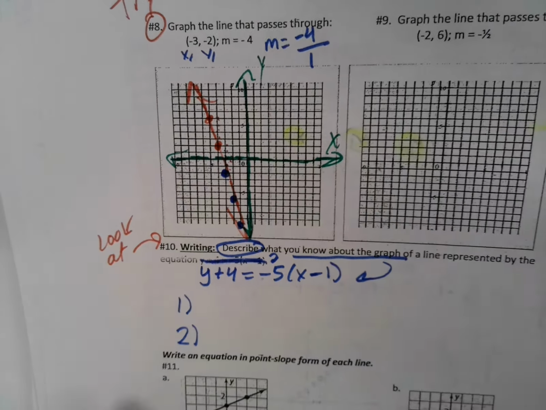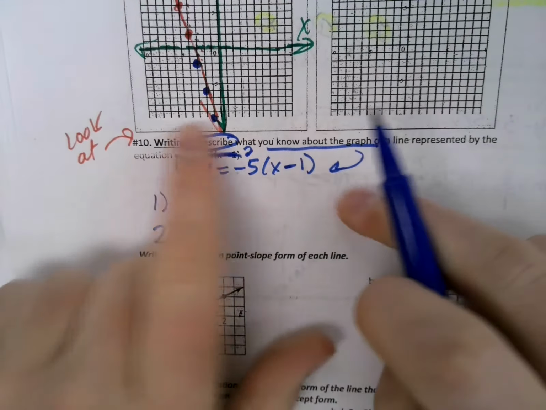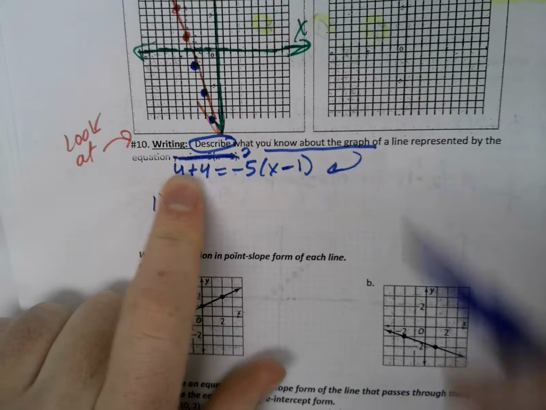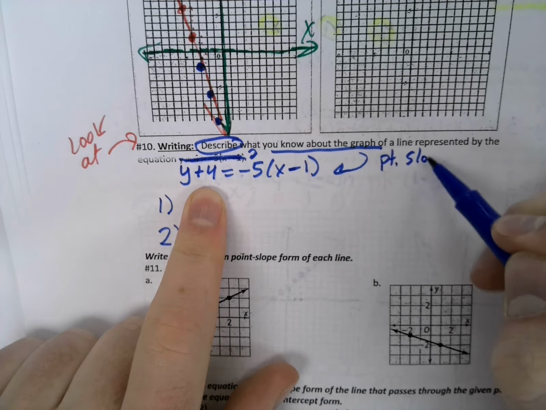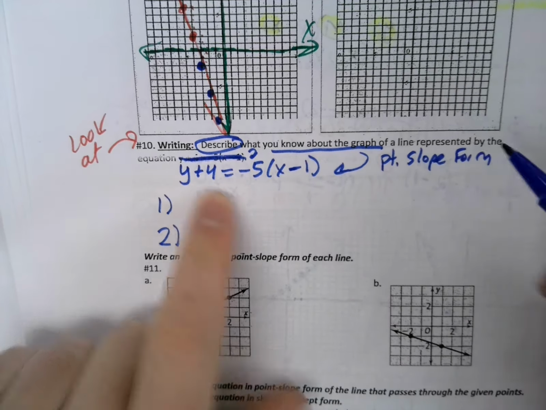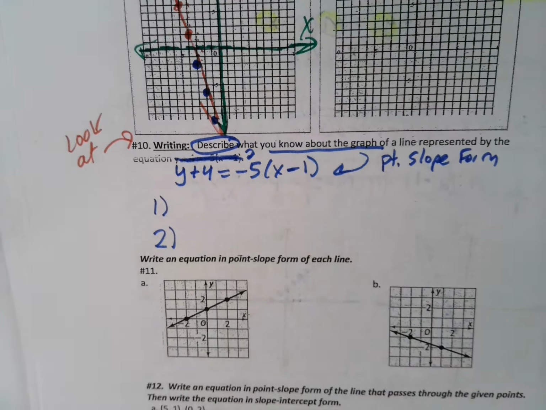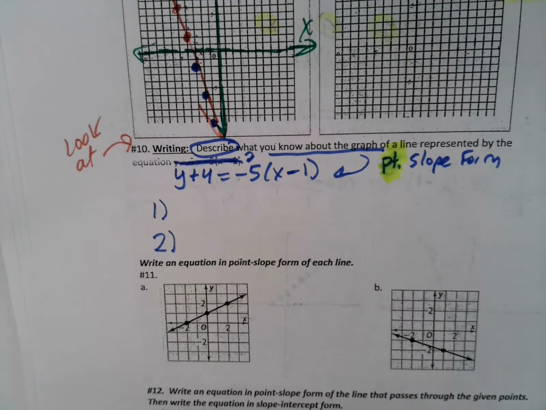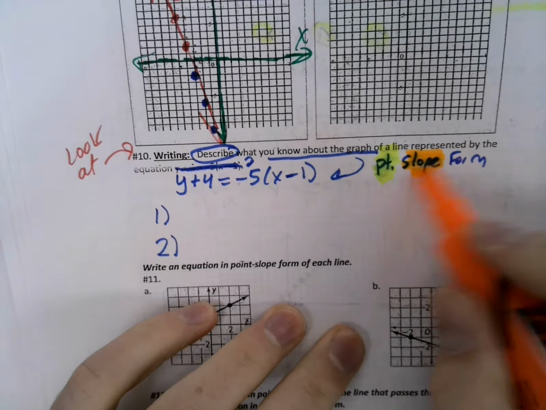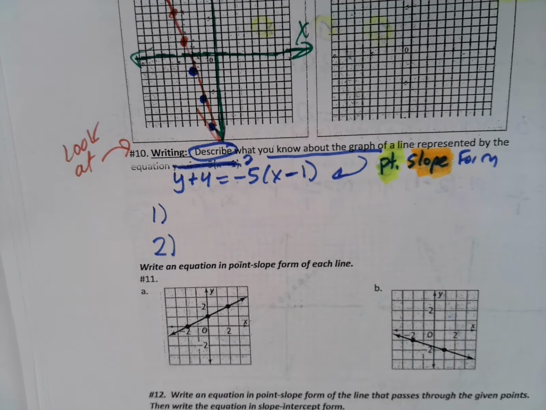And as far as describing on number 10 what we know about this equation, it's written in point-slope form. So we can see that. So we know we should get a point from it, and we should get a slope from it. Those are 2 guarantees.